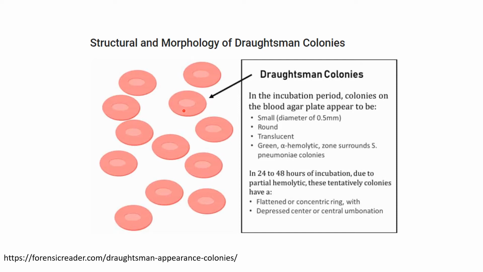Remember there's a depression because the bacteria is kind of hemolytic, due to the hemolytic activity. So take note, if you collect sputum, then inoculate or spread some sputum on blood agar, and you see this kind of colony, you could infer that the person has pneumonia, or Streptococcus pneumoniae.